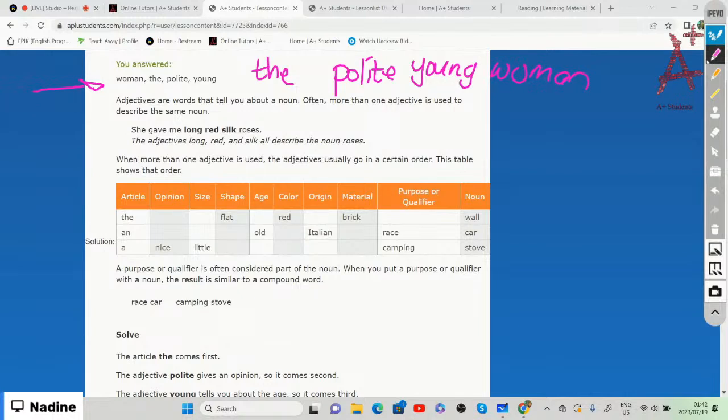Then woman, of course, is our noun. And now, a purposeful qualifier is often considered part of the noun. So when you put a purposeful qualifier with a noun, the result is similar to a compound word. We join it.